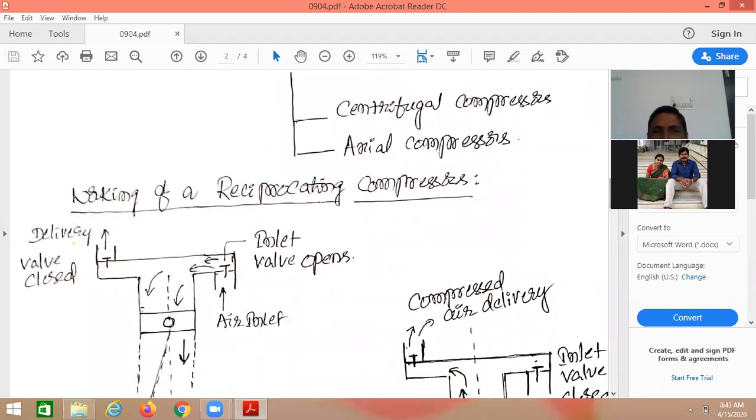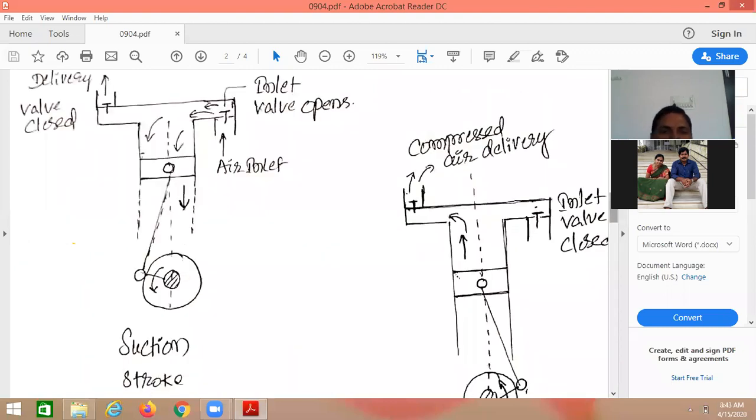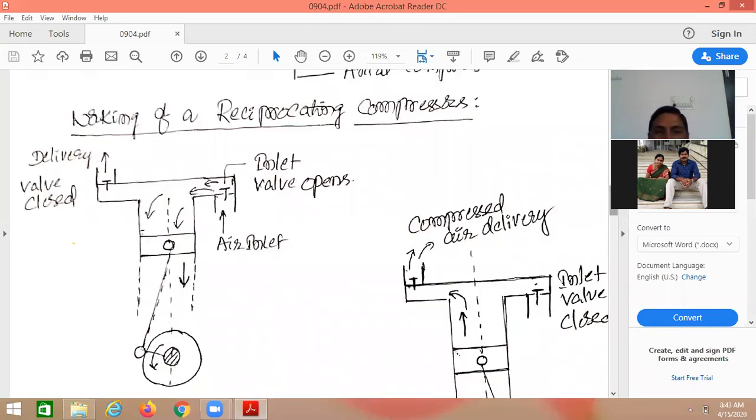When it comes to the reciprocating compressor and its working, for every one cycle of the compressor, for every one rotation of the crank, one time compression will take place. So here one cycle of the compressor will consist of two strokes, one suction stroke and another compression stroke. What is happening in the suction stroke?